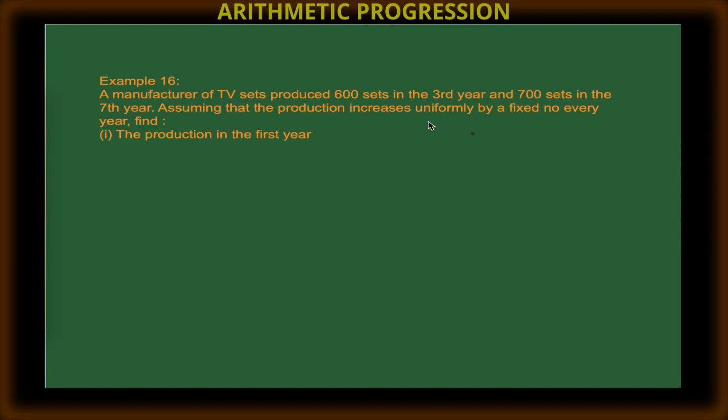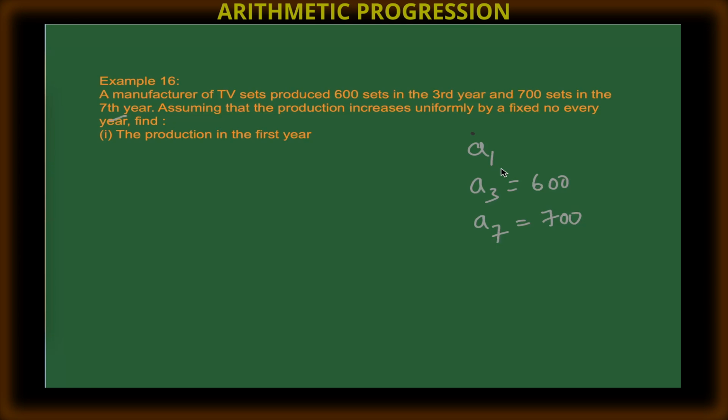So here we can see this is an arithmetic progression. It says 600 sets were produced in the third year. So assume the first year is a1, and the third year a3 is equal to 600, and the seventh year a7 is equal to 700.